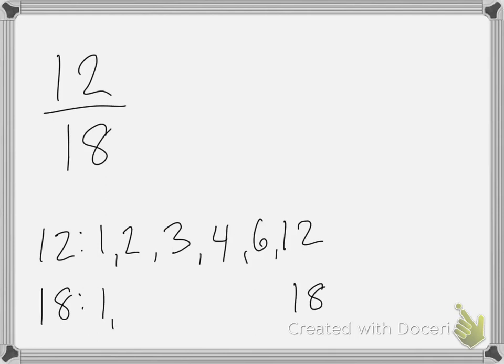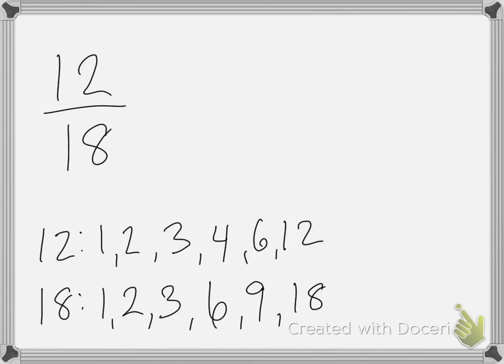Okay, now we'll do 12/18. First, we find the factors of 12, 1 and 12, 2 and 6, and 3 and 4. And the factors of 18, 1 and 18, 2 and 9, and 3 and 6.